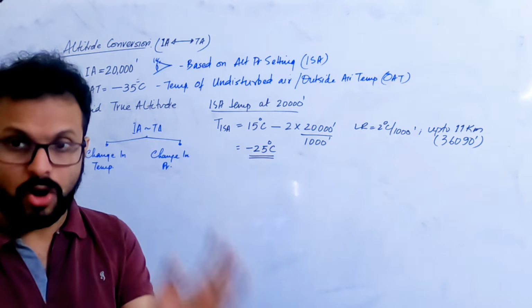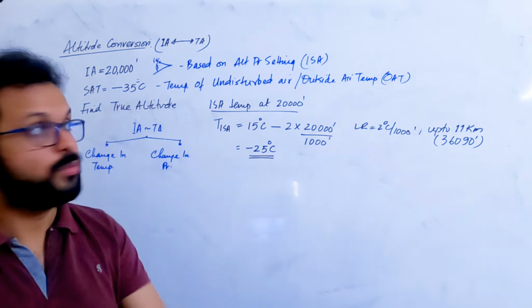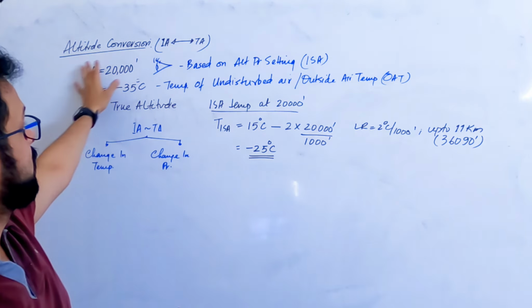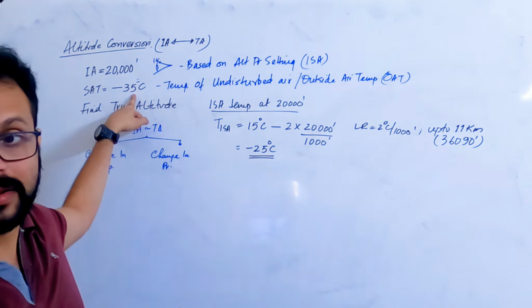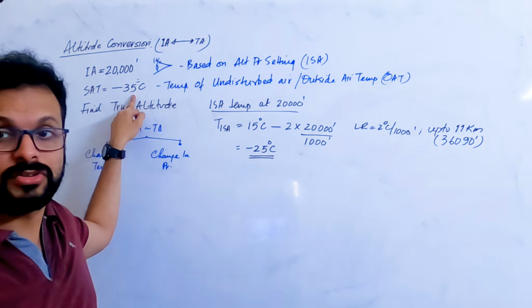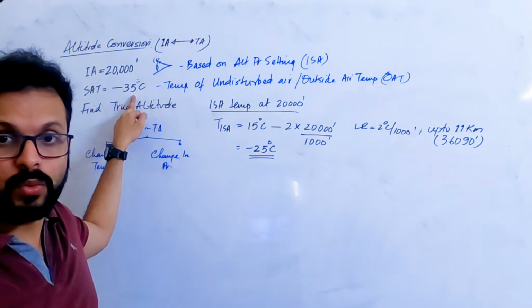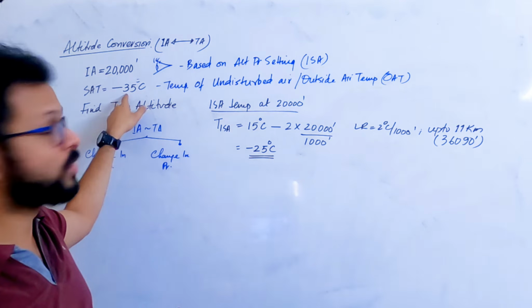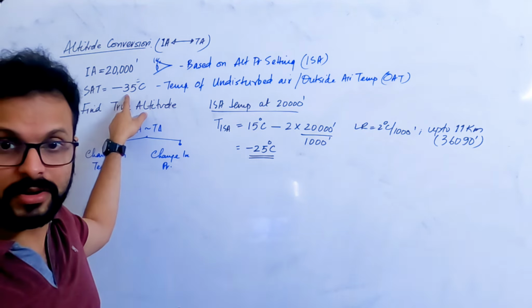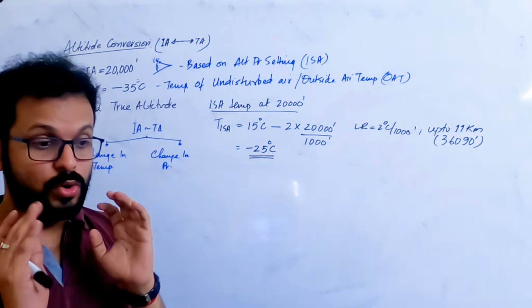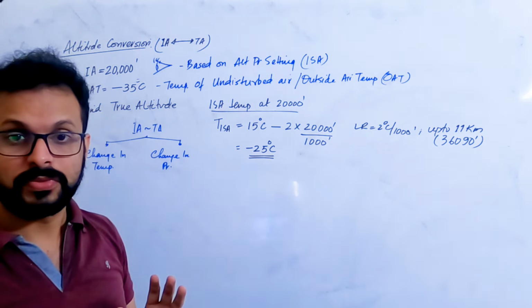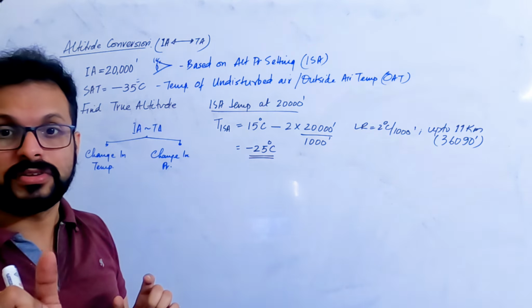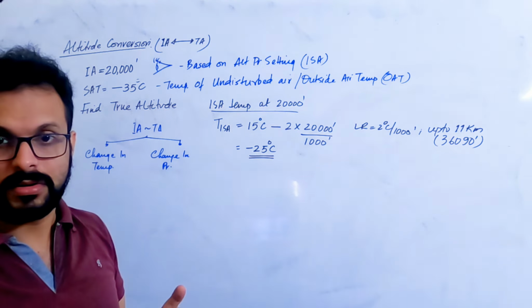Now with this thought, I'm going to fly, and what I understand is that at 20,000 feet the actual temperature I experience is 10 degrees Celsius colder than what I'm told. I'm told it is minus 25 degrees Celsius, but what I'm getting is minus 35 degrees Celsius. So I'm going to have an error because of this 10 degrees Celsius temperature.